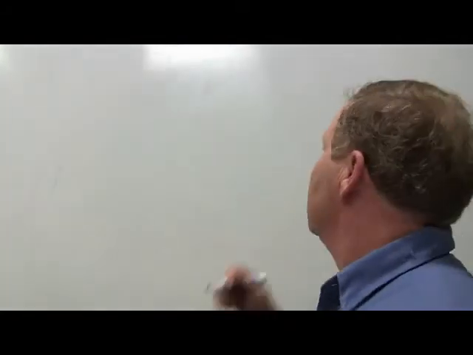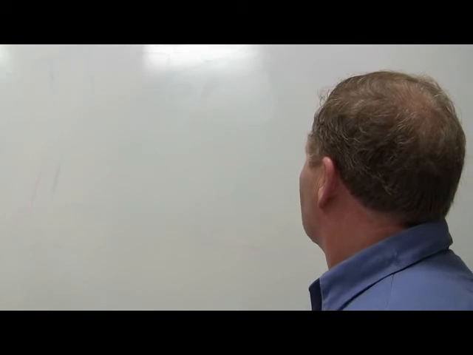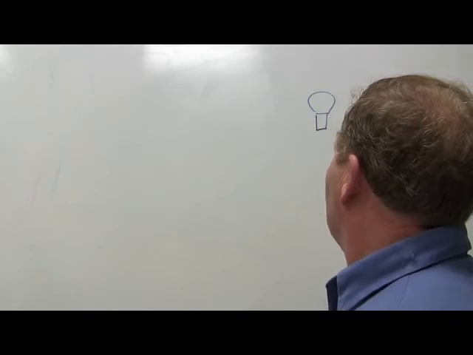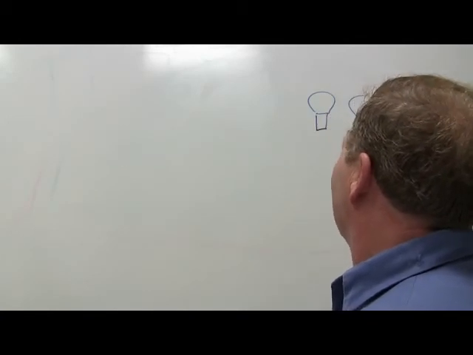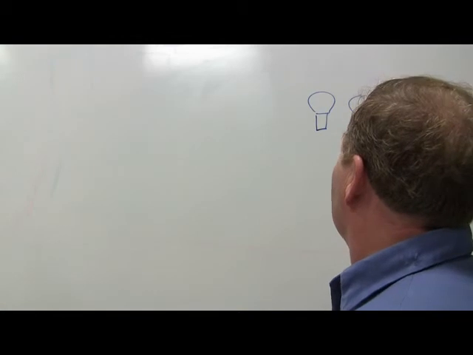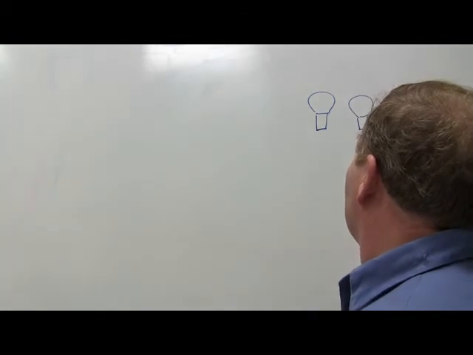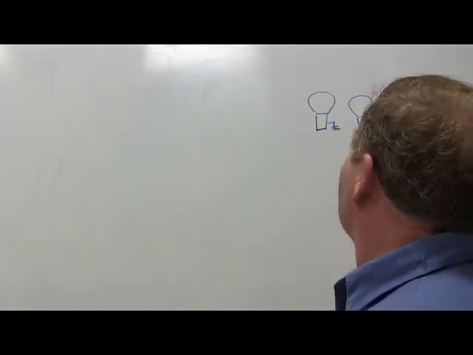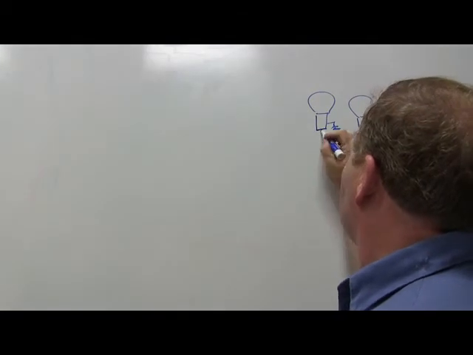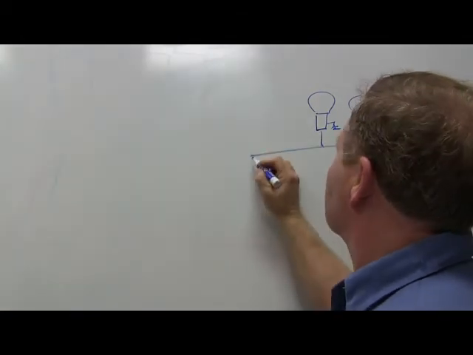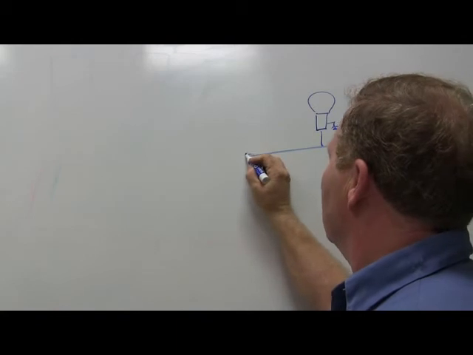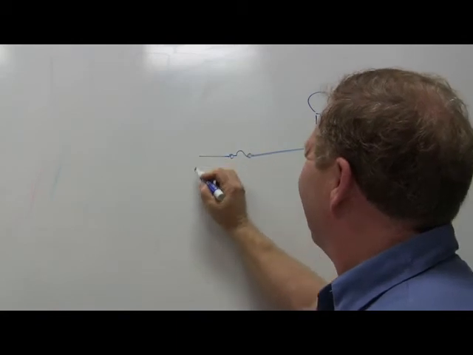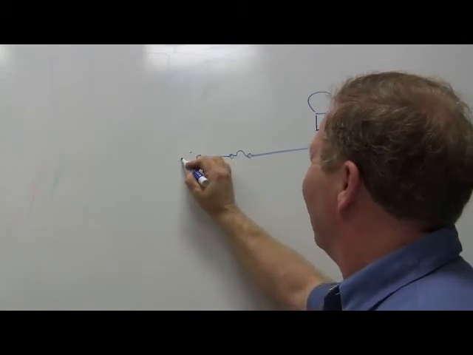a bunch of lights right here, let's say you've got this light and that light, and this light. And let's say this is a parallel circuit, right? All of this is going through a fuse, and then you've got a switch.